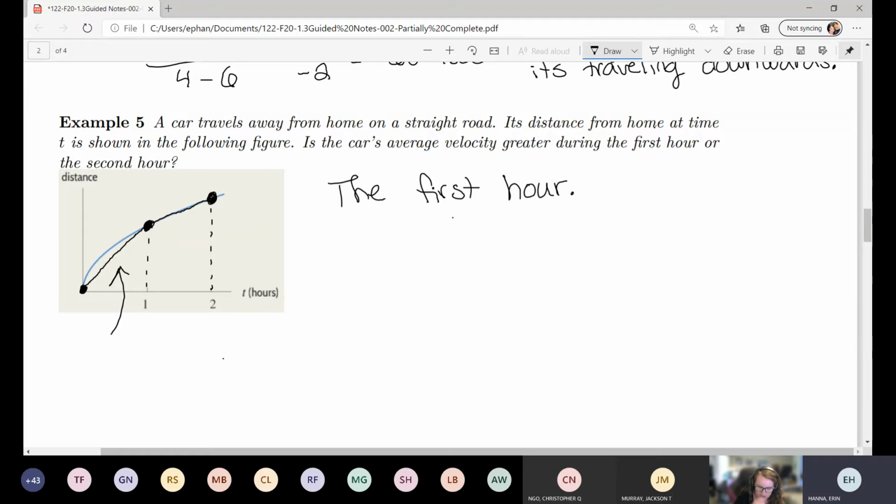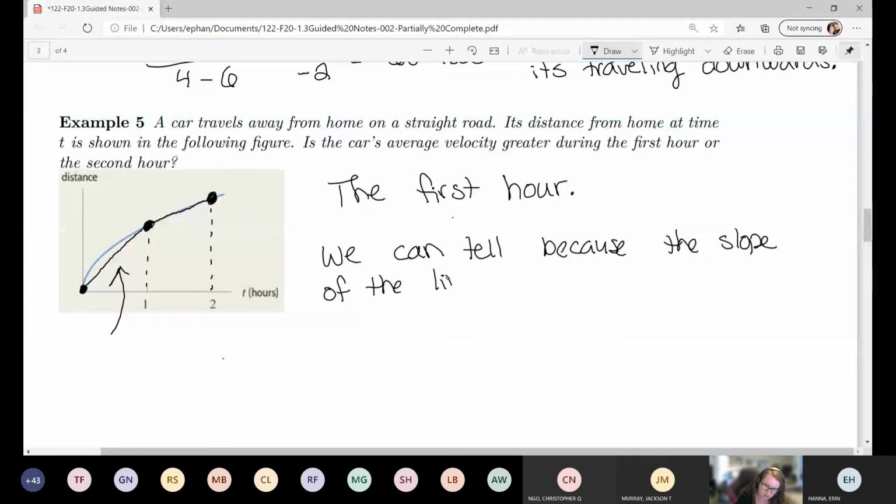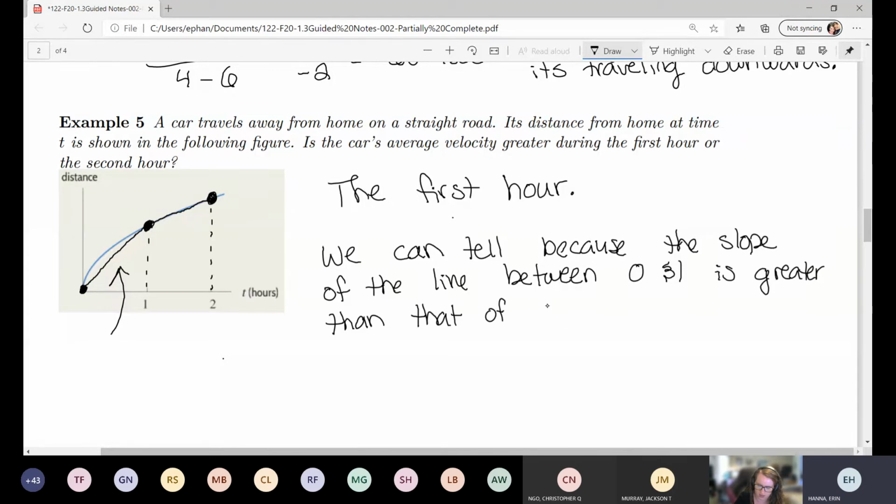I'll give a short explanation just so we remember why. We can tell because the slope of the line between 0 and 1 is greater than that of the line between 1 and 2.